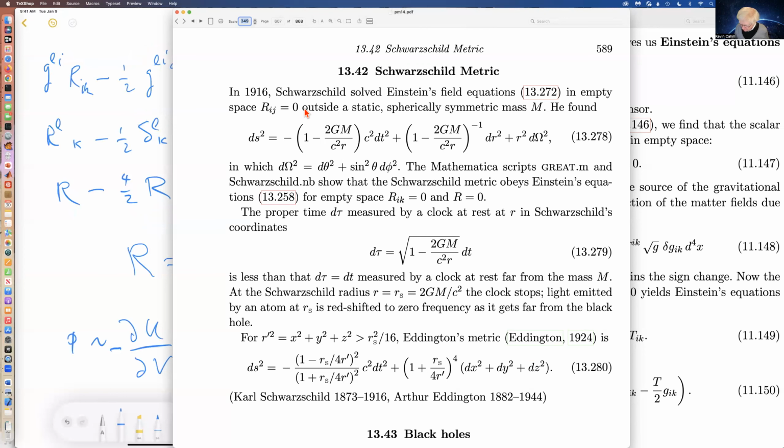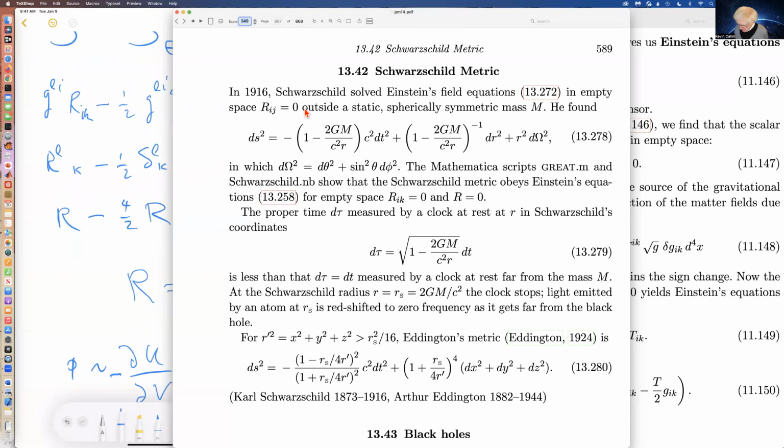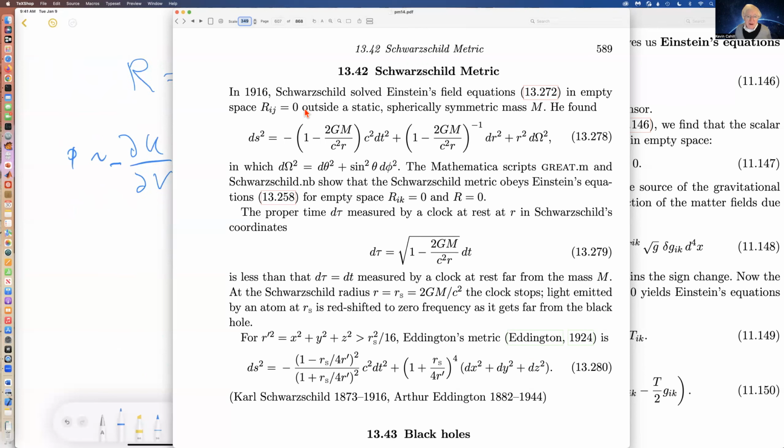If you imagine you have a point mass, and then you solve Einstein's equations in vacuum outside the point mass, the mass m, then a solution to that was invented by Schwarzschild, and in his coordinates, the metric looks like this.